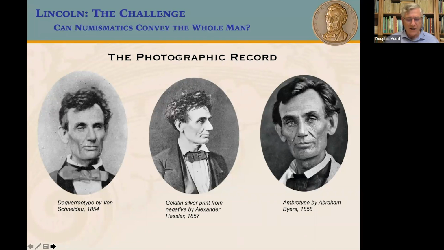This is a very expressive statement of just how hard it was to capture the essence of Lincoln.